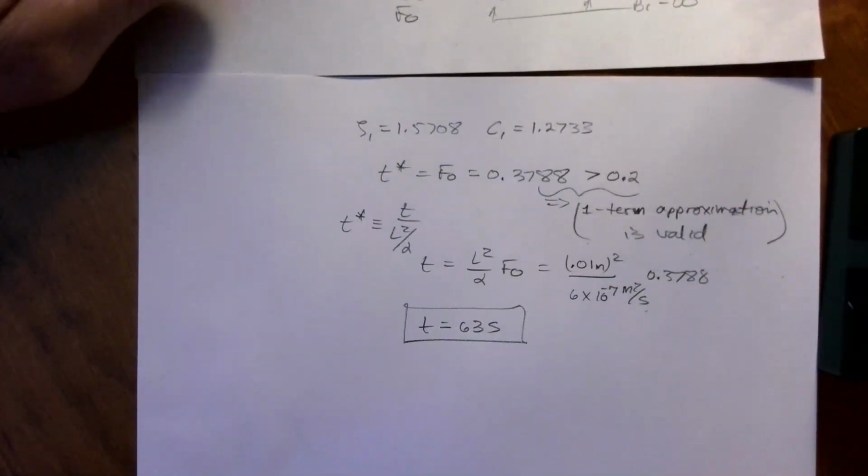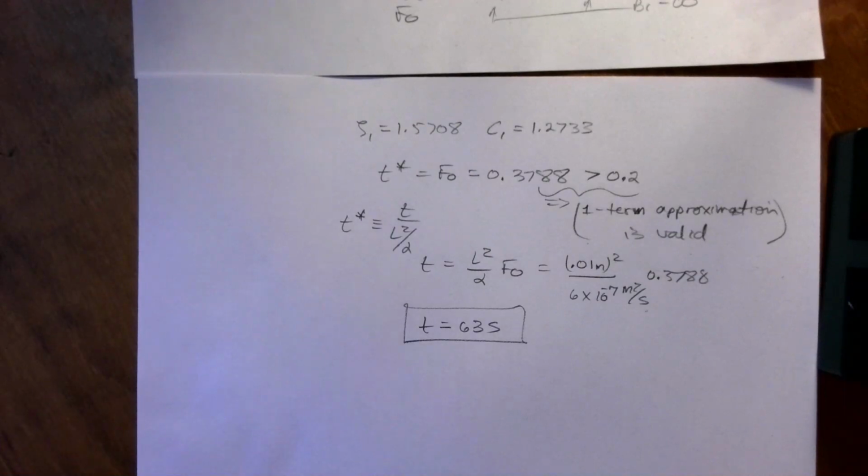So it only takes 63 seconds in this case, which kind of makes sense as a fast time, at least faster than a convection boundary condition, because we're imposing that step function in the isothermal temperature of the surface.